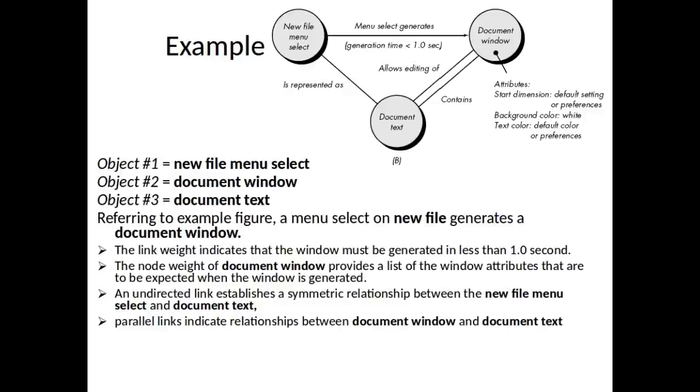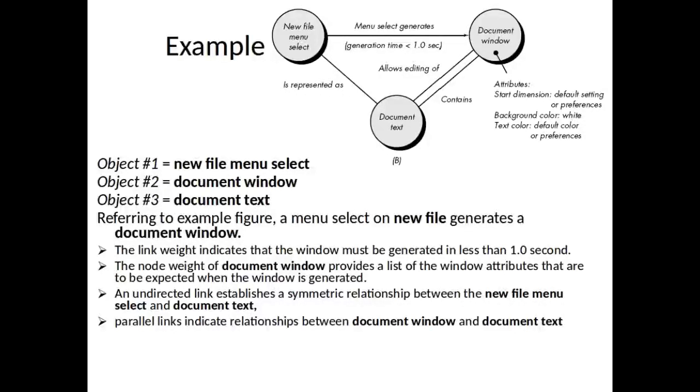In the figure, a menu select on new file generates a document window. The node weight of the document window provides a list of the window attributes that are to be expected when the window is generated. The link weight indicates that the window must be generated in less than 1.0 seconds.